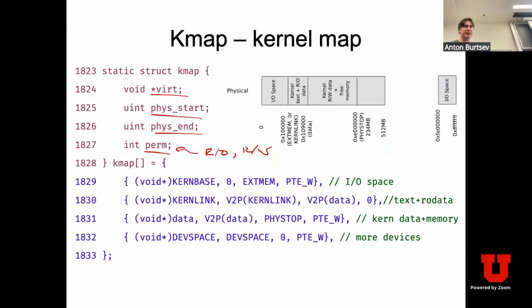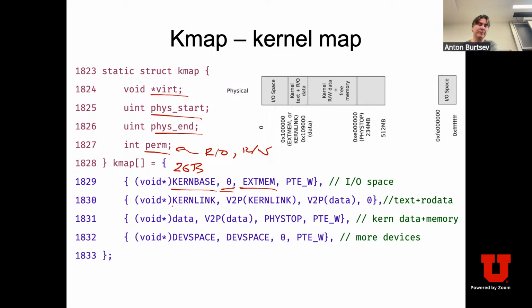So we got this array. We declared 4 regions of memory. Not surprisingly, it says physical address 0 to physical address extended memory map at the location kern base. This kern base is defined as 2 gigabytes. So essentially, it's just a mapping of the IO space.